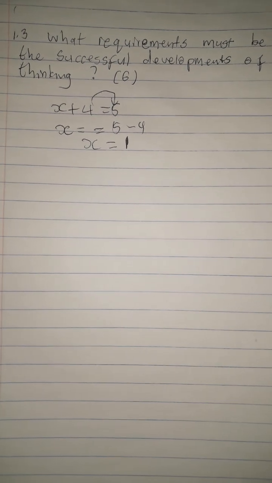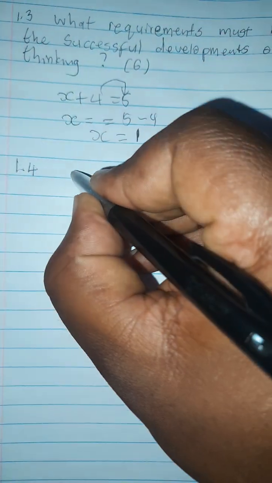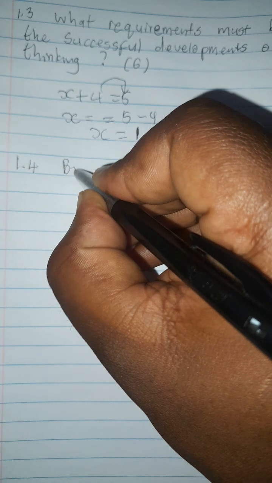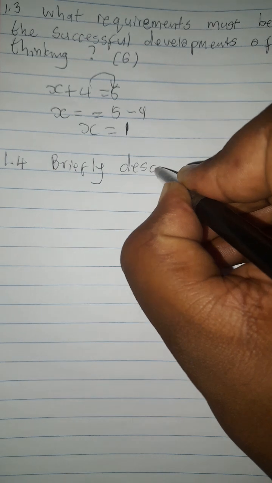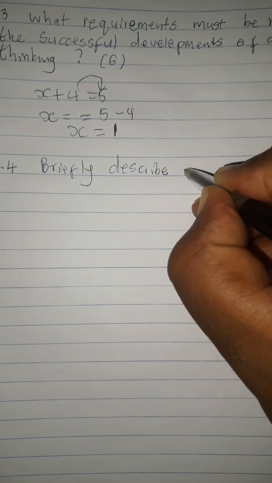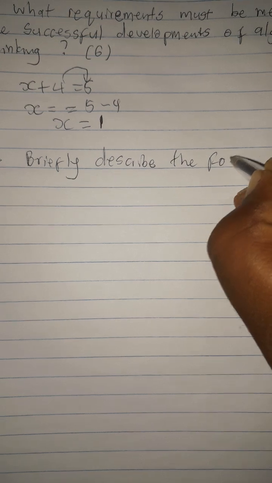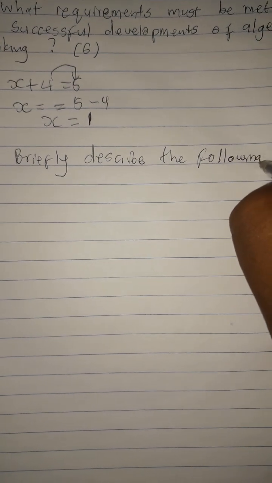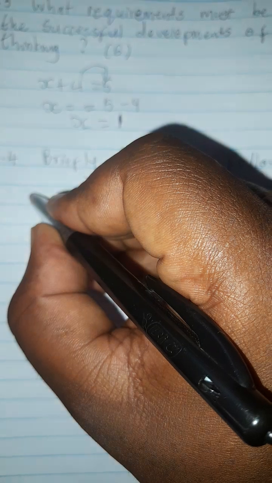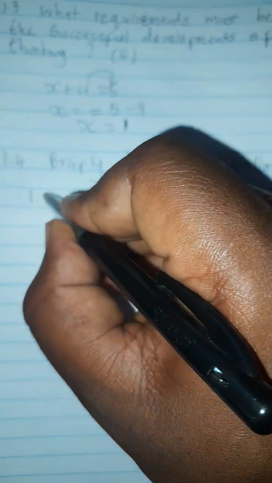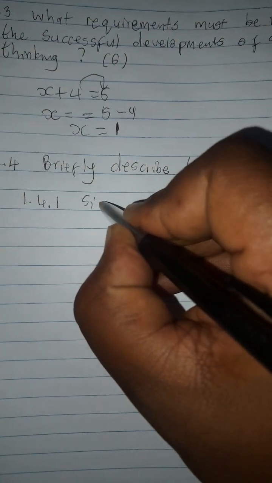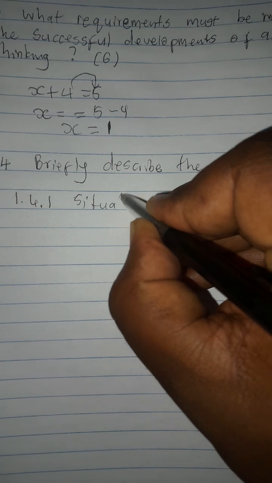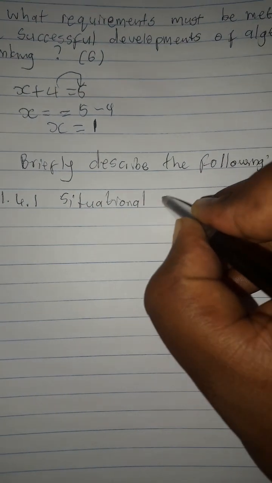That was 6 marks. Then let's go to our last question, 1.4. Our last question needed us to describe briefly the following. 1.4.1 needed a situational context.